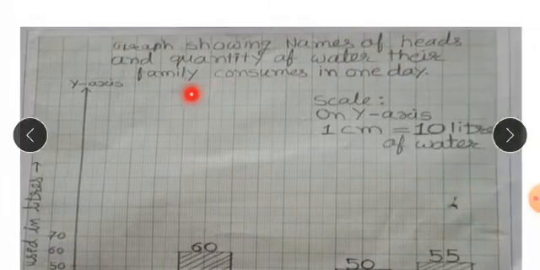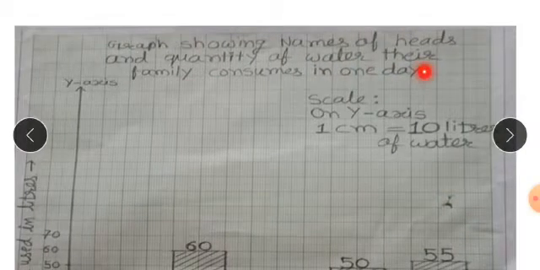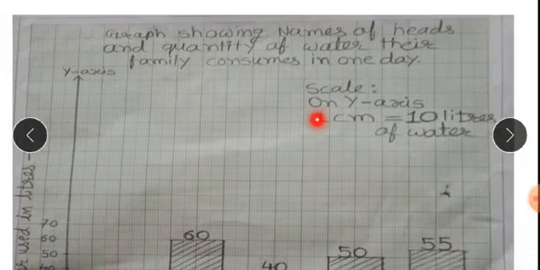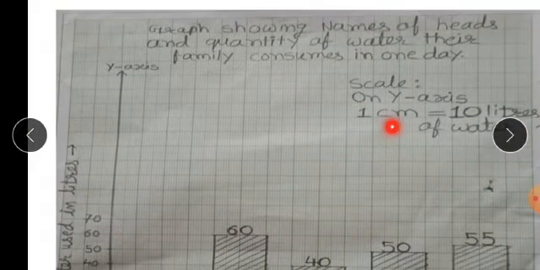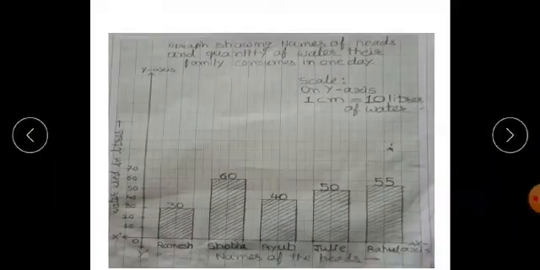Then above the graph I have written the name of the graph, that is graph showing the names of heads and quantity of water their family consumes in one day. Scale I have also written on the right hand corner. On y-axis, 1 centimeter is equal to 10 liters.